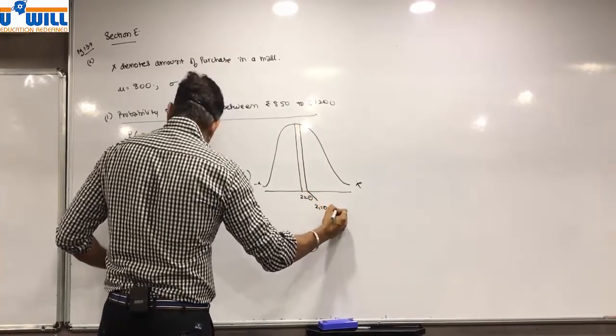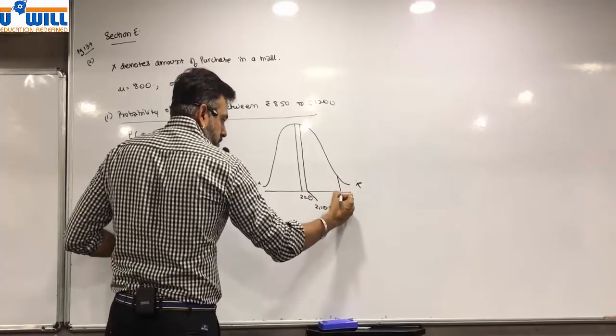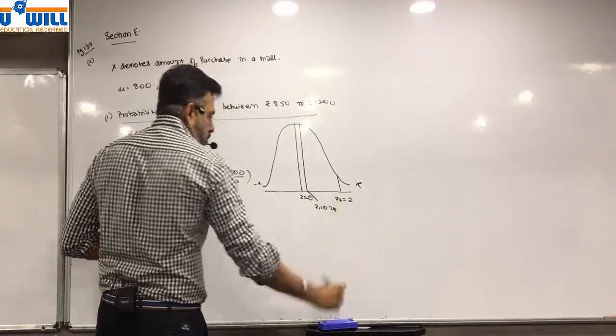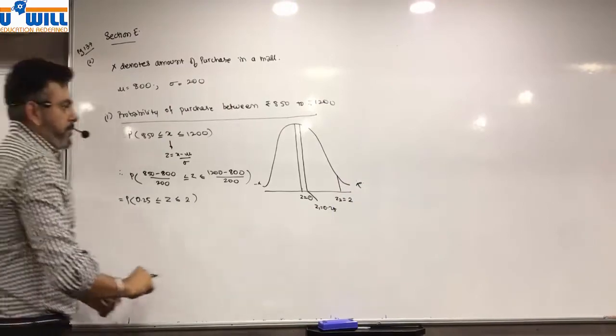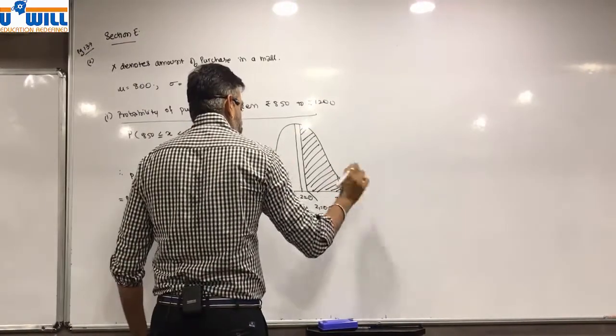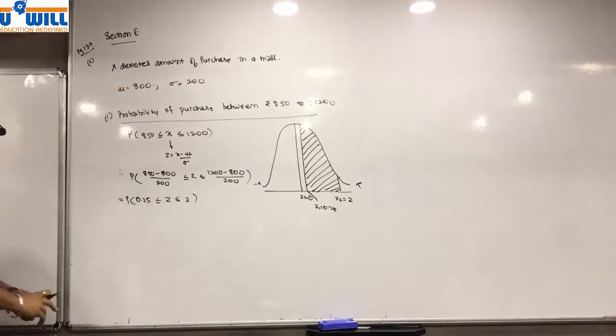Z1 is 0.25 and Z2 is equal to 2. Now we want this area. Got it? How will we find the area?